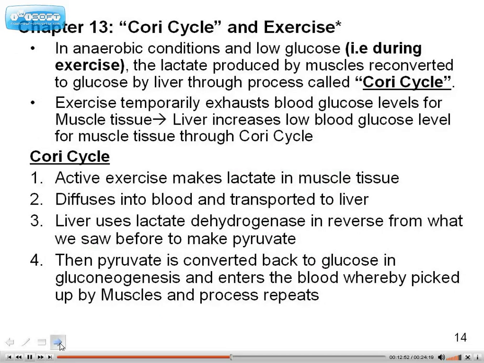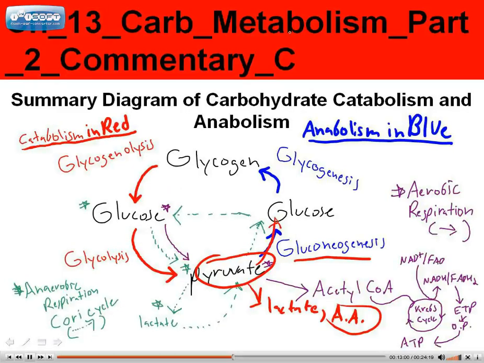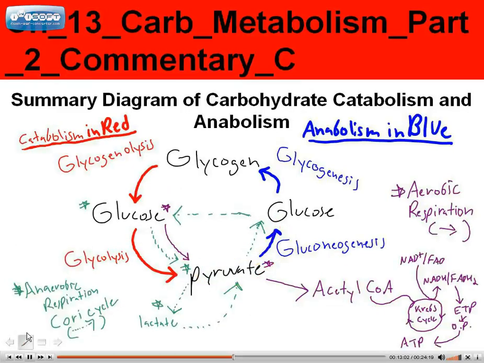Now, the Cori cycle and exercise. Let's go back to my picture, and I'm going to use my highlighter. In order to understand the Cori cycle, let's first understand the difference between aerobic and anaerobic.